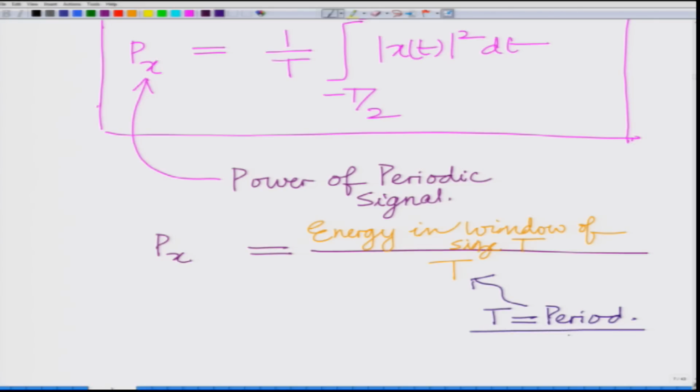So, you simply take the energy of the periodic signal in one period divided by the period, that is capital T, and you get the power of the periodic signal, that is Px.